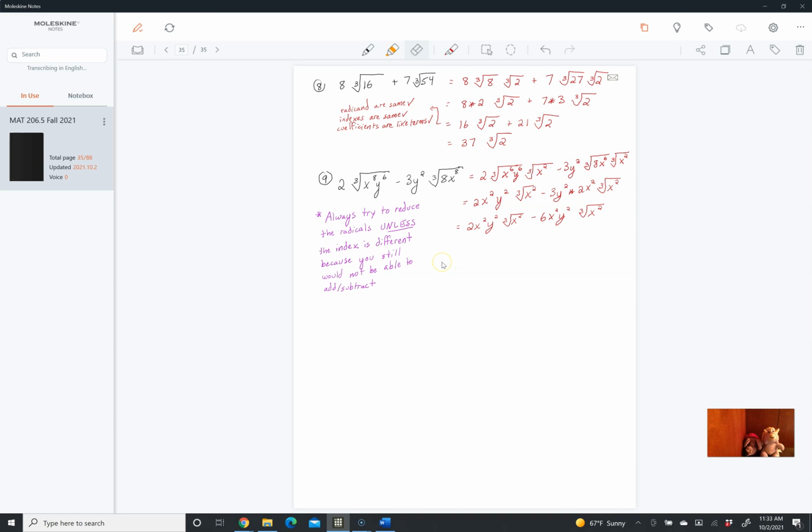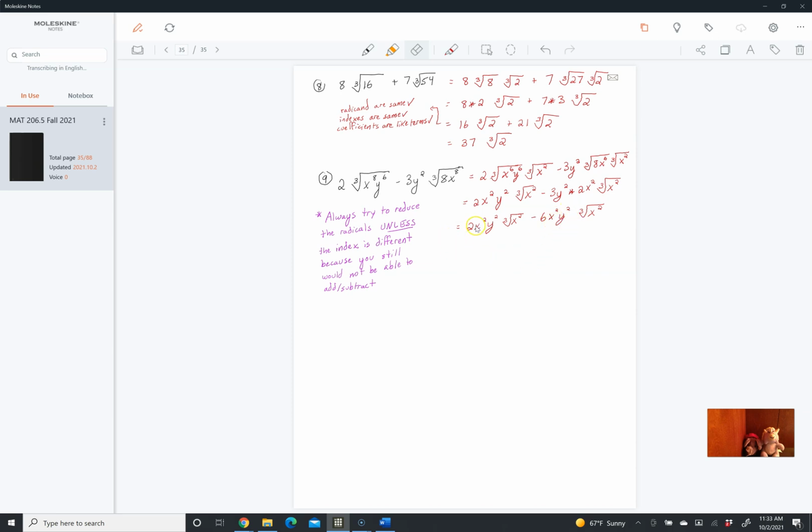And now the index is the same, 3 and 3. The radicand is the same, x squared and x squared. And the coefficients are like terms. Why are they like terms? Because the powers of all the variables are the same. And I don't mean the power of x and y. I mean the powers of x are both 2.